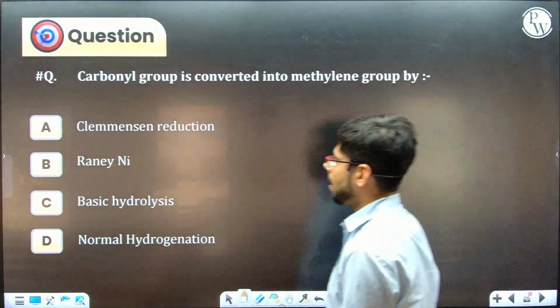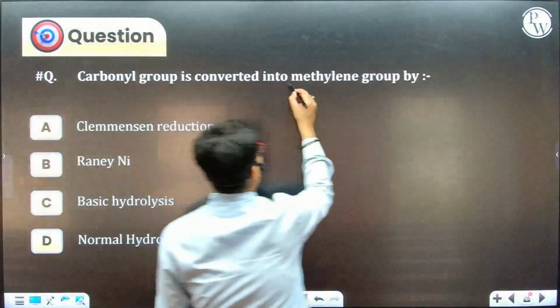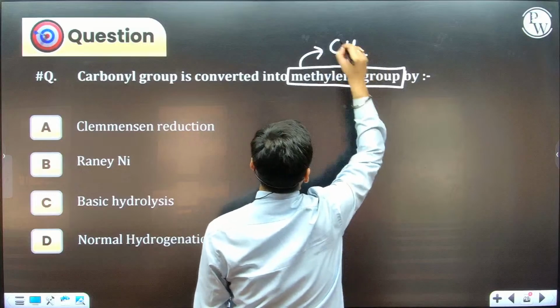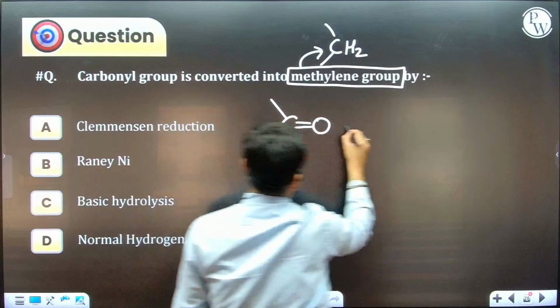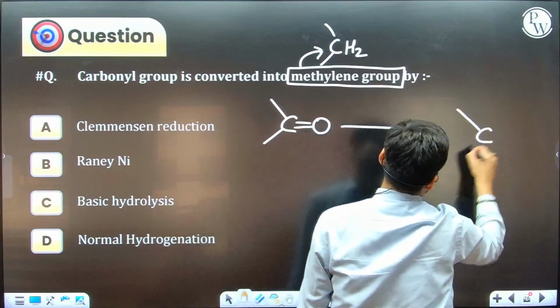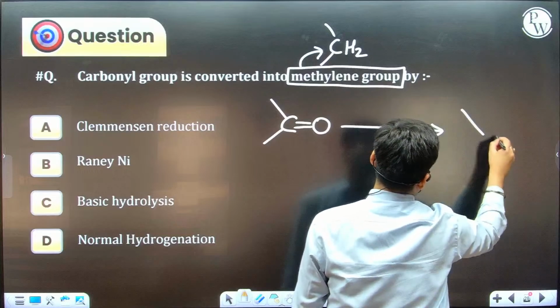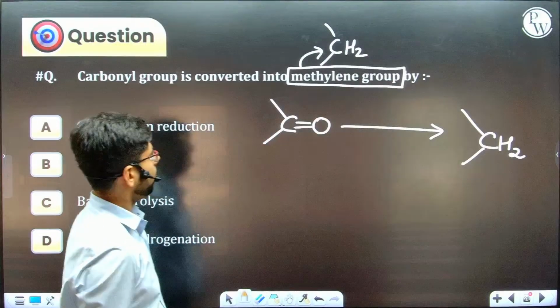Next question. Carbonyl group is converted into methylene group by which reagent? What is a methylene group? That means CH2. So basically they are asking us regarding this conversion. Right?